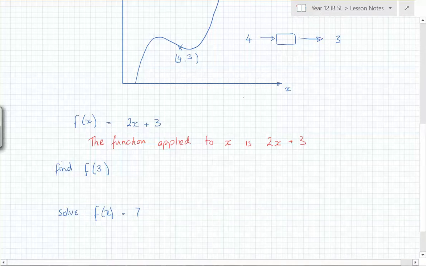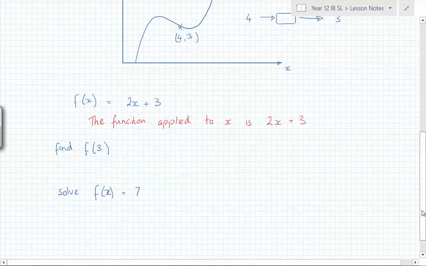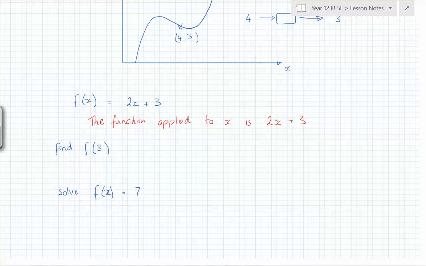Okay, so 2 ways to use that notation: find that, solve that. Because you know there are 2 things to be done, it shouldn't be too difficult to think, well, what is it I have to do? So if I said to you, find that, Michelle, what would you think that means?